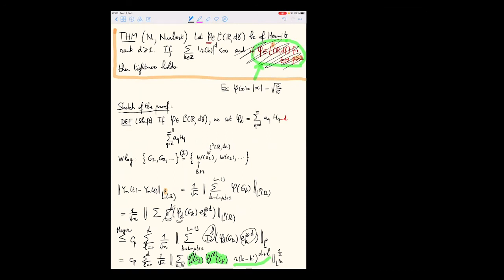They found, as far as I understand, a counterexample for which you don't have tightness. So it means that we are forced somehow to put something more. But I don't understand the counterexample, so for me it's not so clear. What I mean is that this is not like in Donsker's theorem, as far as I understand, in the sense that you cannot expect to have tightness in any situation just under the assumption that the sum of r_k to the power d is finite. You need something more.